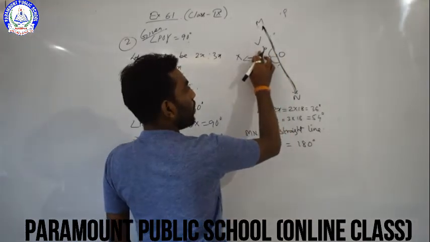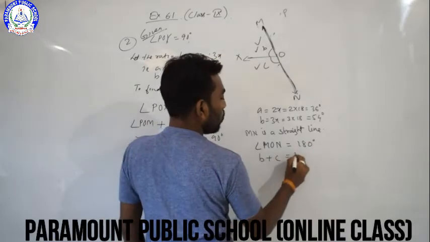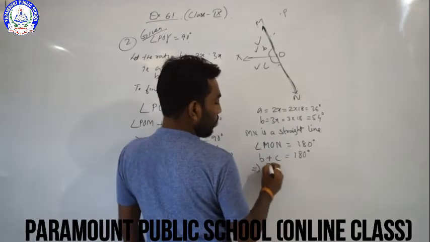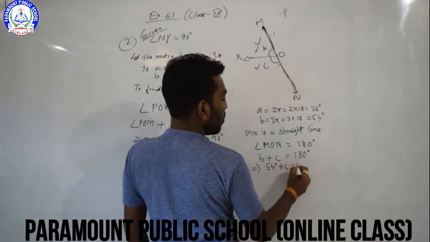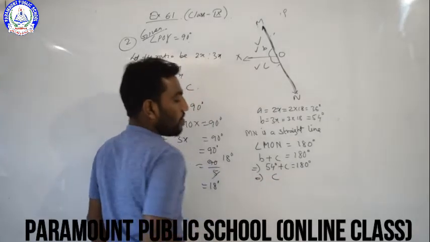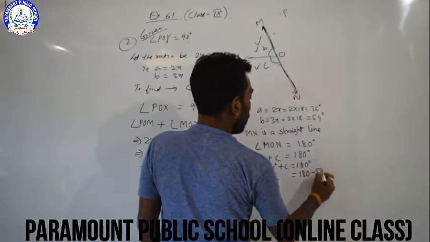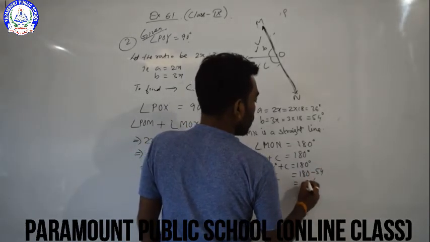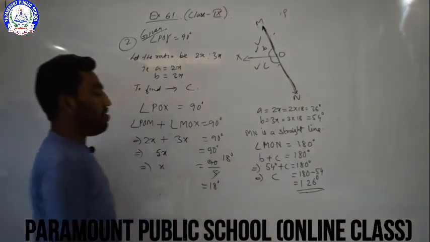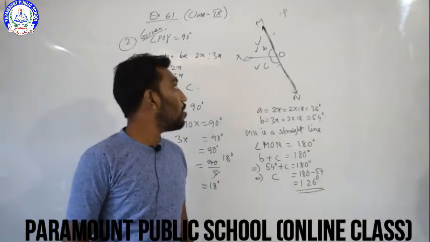MON is nothing but angle B and angle C. So we can write B plus C is equal to 180 degree. And what is our B value? Nothing but 54 degree, plus C is equal to 180 degree. So from here C is equal to 180 minus 54. So what is the answer? 126 degree. The value of C is nothing but 126 degree. Okay, student?